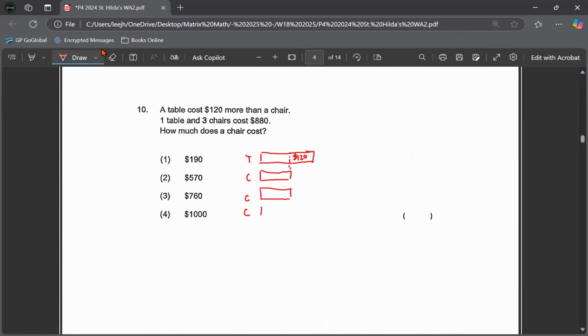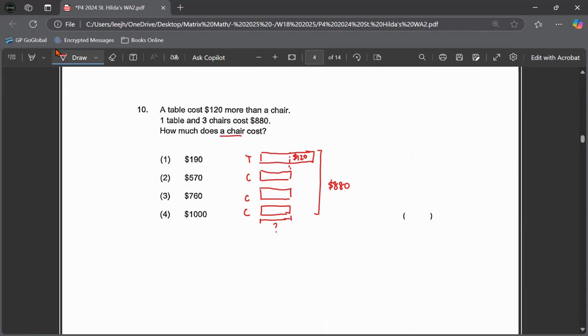Okay, this is also another chair. So you can see now, this is the model and total is $880. So I want to find out how much does the chair cost, just one. Wait, I have to draw a bit longer.